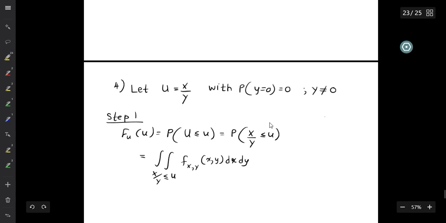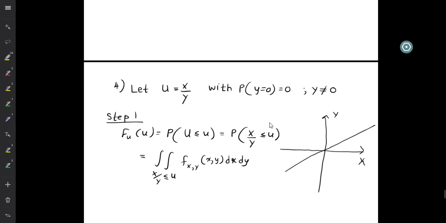Now what will be the area? This is easy: x over y has no intercept, it goes through the origin, and the slope is 1 over y. So you end up with a straight line through the origin, y equals x over u.